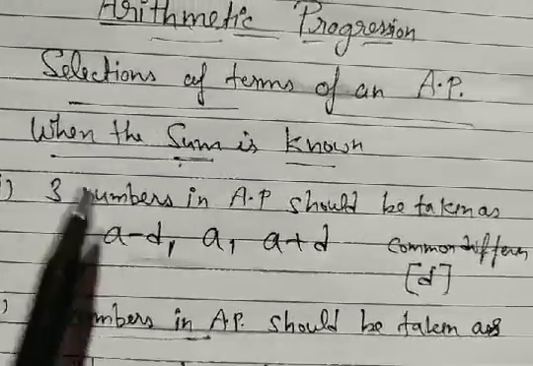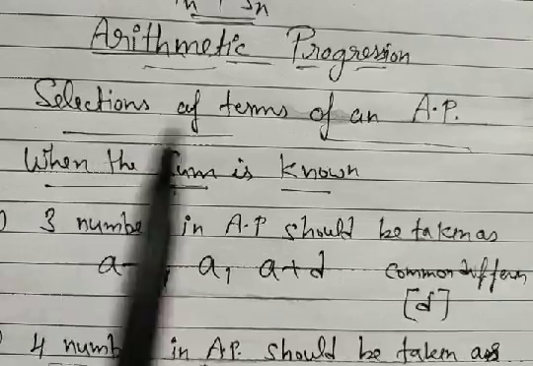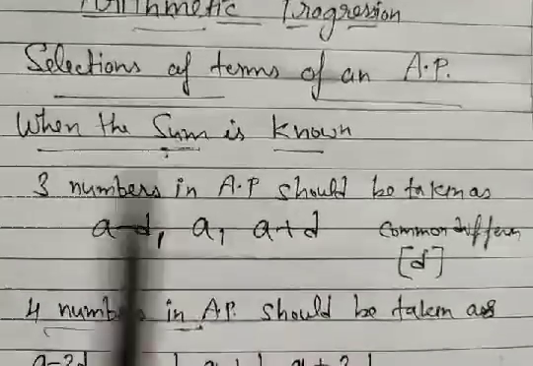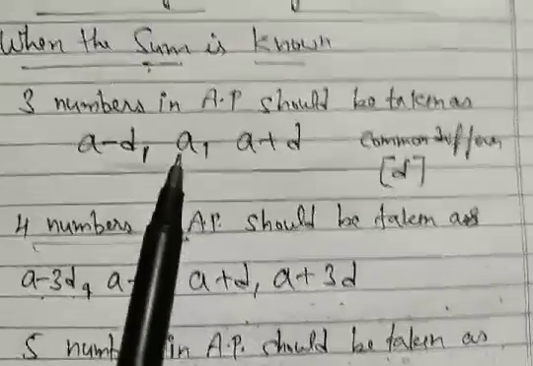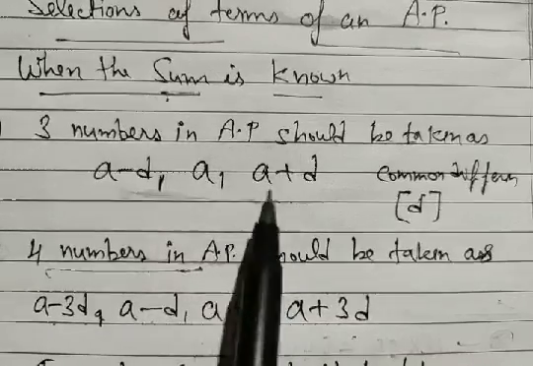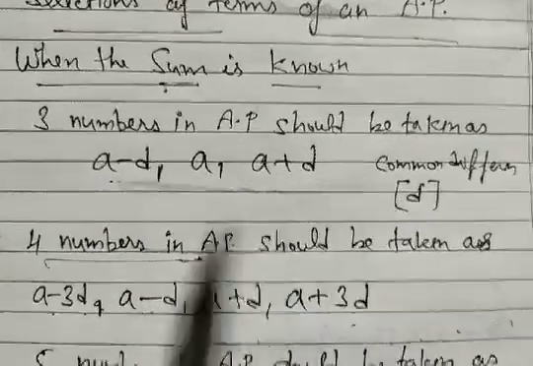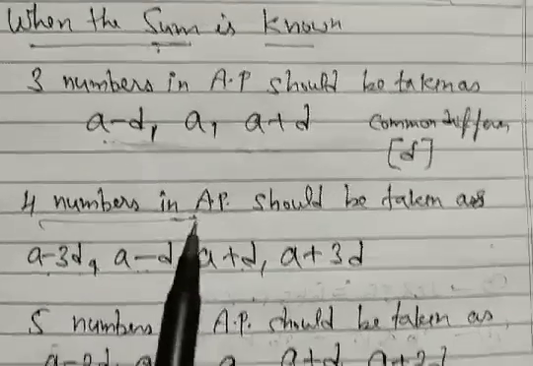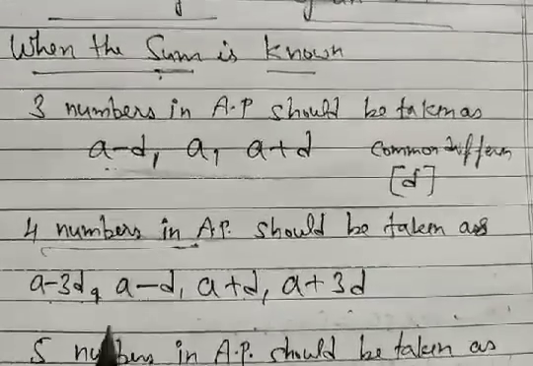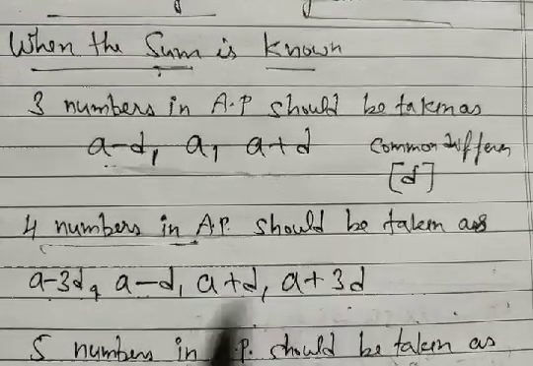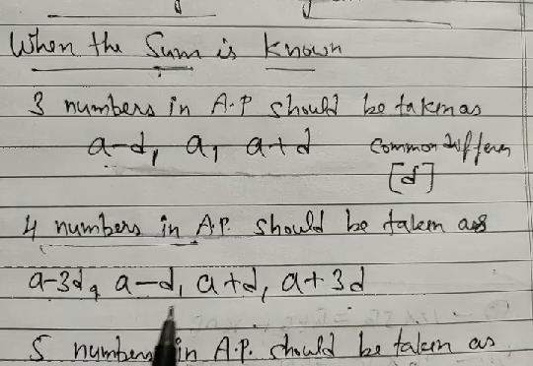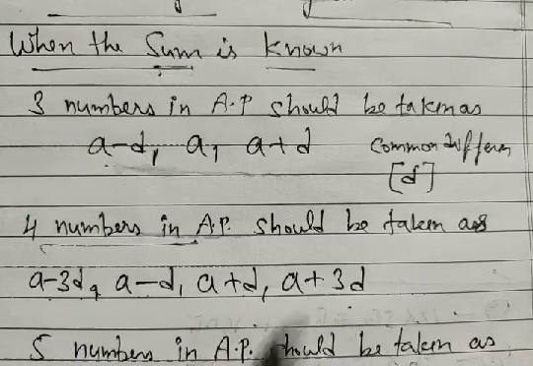What we discussed here is the selection of terms of an AP. When the sum of three numbers is given, our three numbers are a minus d, a and a plus d, with common difference d. When the sum of four numbers is given, they should be taken as a minus 3d, a minus d, a plus d and a plus 3d.